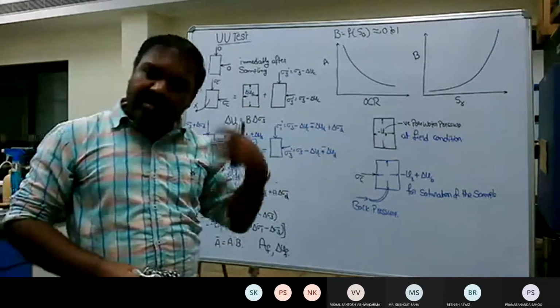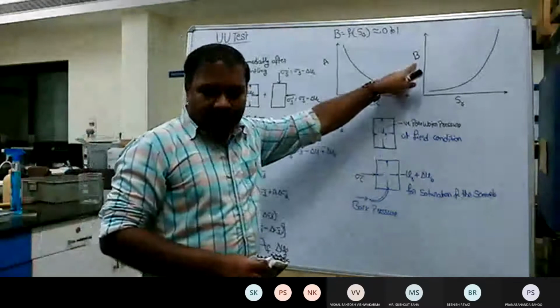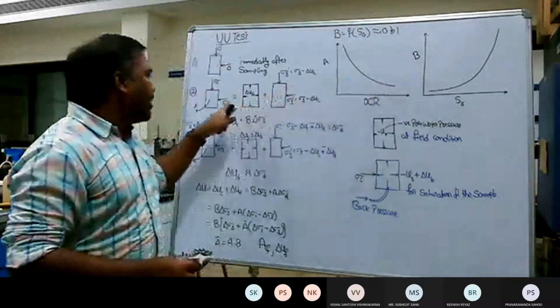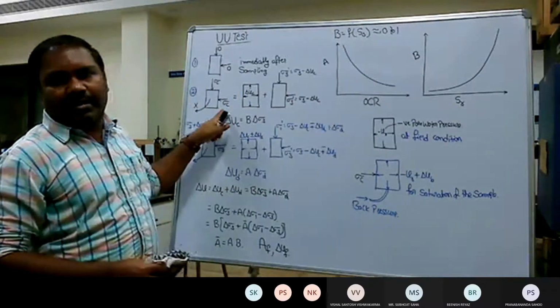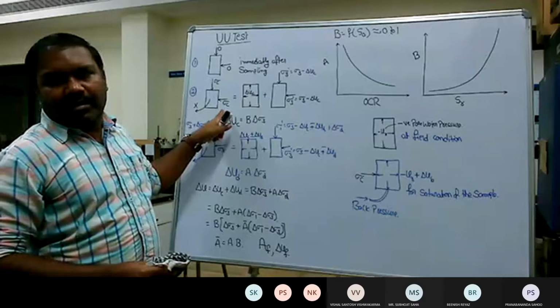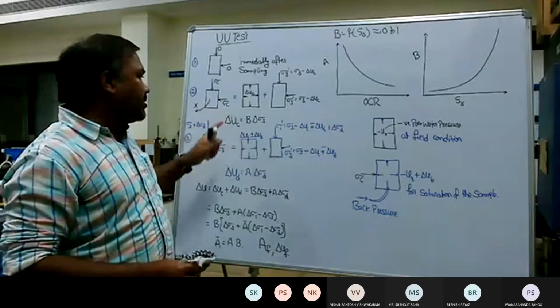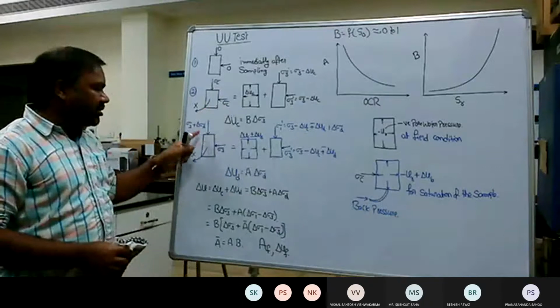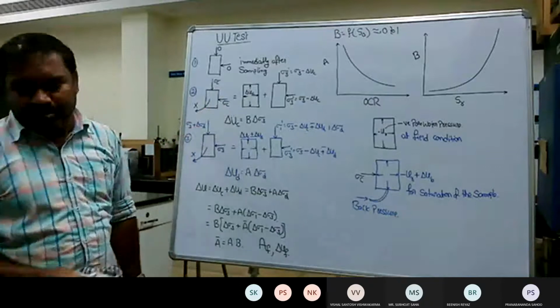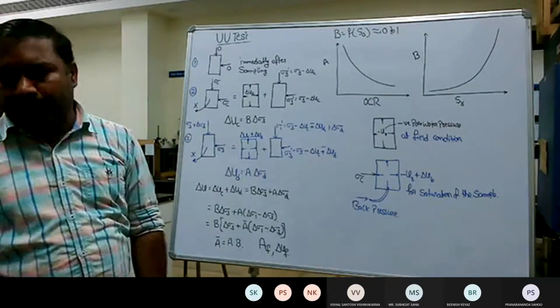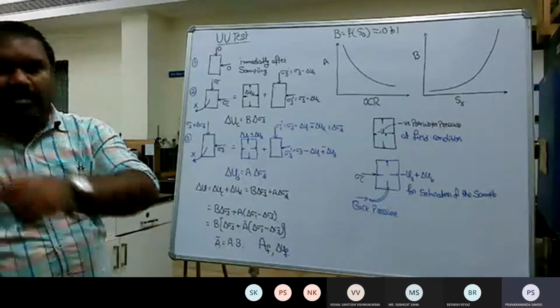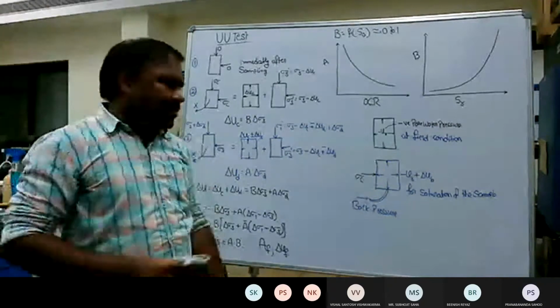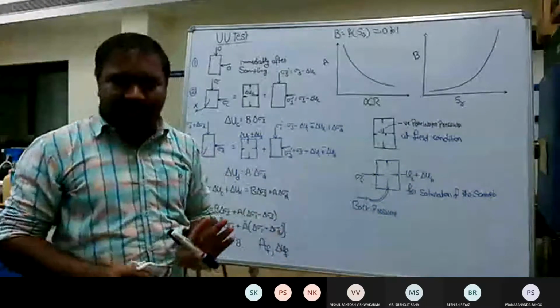Once the B value becomes unity, then you will apply the cell pressure. Once the cell pressure is applied, the sample is sheared by increasing the deviator stress. You understood now or any question?